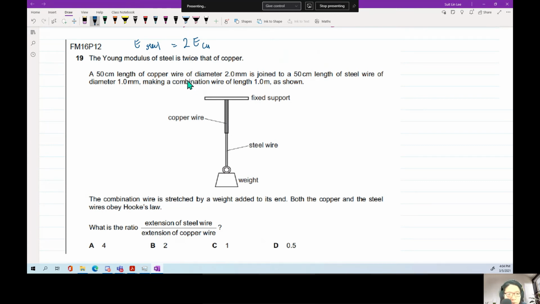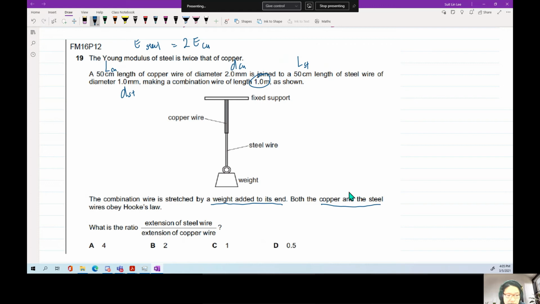A 50 cm length of copper wire, so I'm just going to call this L copper, is joined with a 50 cm length of steel, making a combination wire length of 1 meter. The combination wire is stretched by a weight added to its end. Both copper and steel wire will obey Hooke's law. What is the ratio of extension of steel to extension of copper wire?